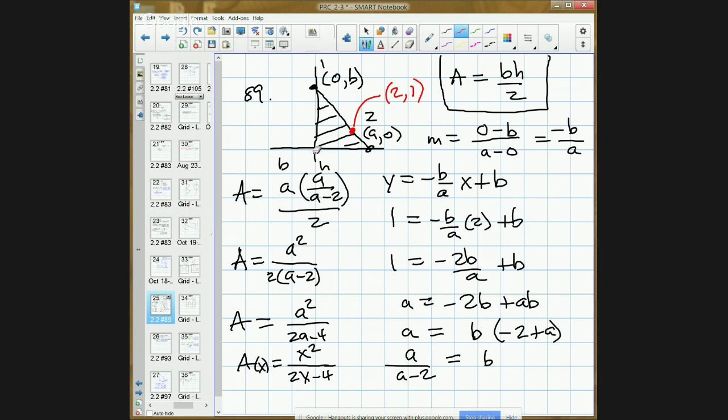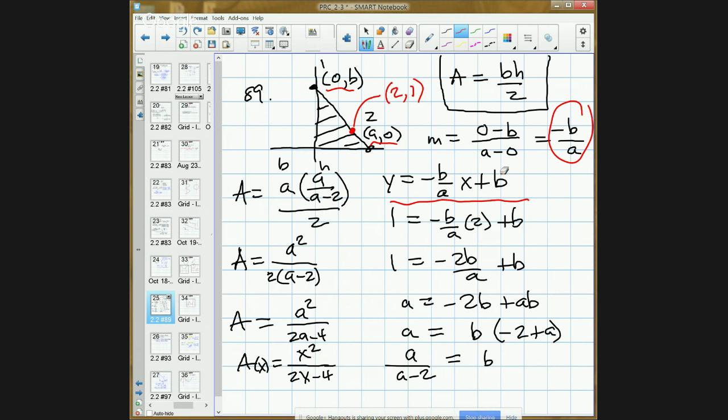And first I used the 0, B and the A, 0 point. So if you just take this point right here, point 1, and this point right here, point 2, plug them into the slope formula, you get the slope of minus B over A. Then good old y equals mx plus b, plug in the slope, okay?